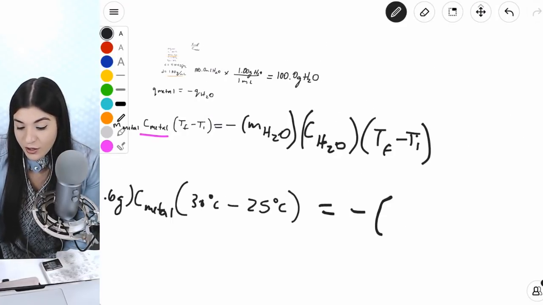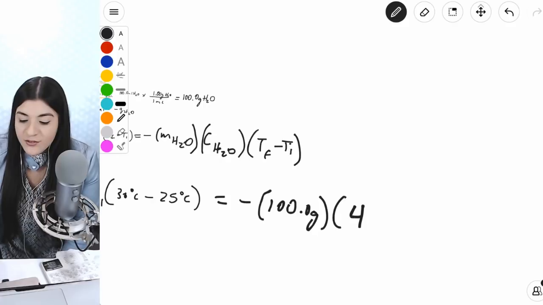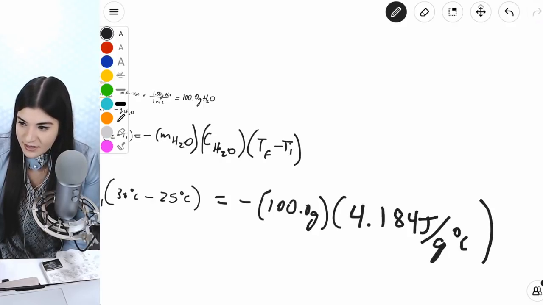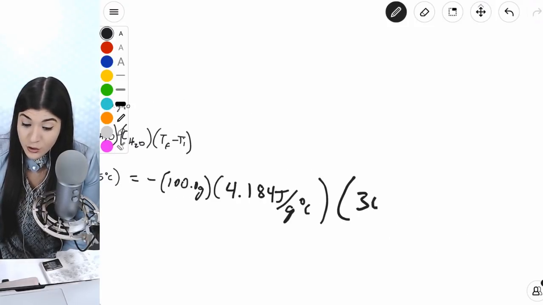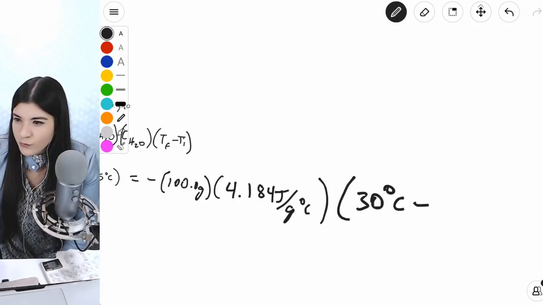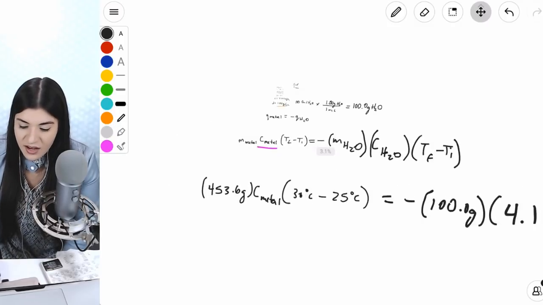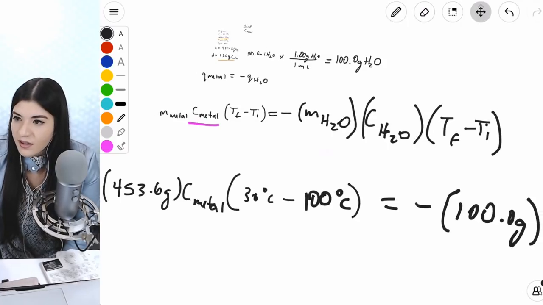The mass that we just converted was 100 grams for water. Our specific heat capacity for water is 4.184 joules per gram Celsius. Our final temperature we said was 30. Our initial temperature for the water, oh, I'm sorry, this one was 25. The initial temperature for the metal was 100. I'm like, it should have been hotter. Yeah, there we go.